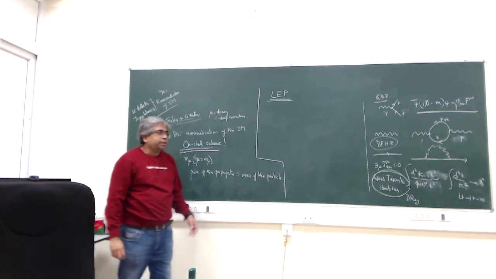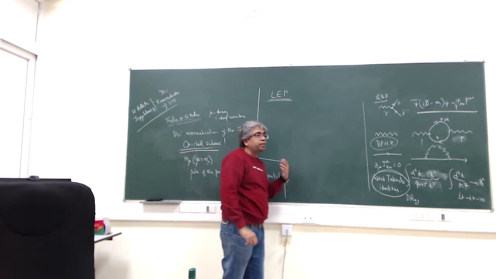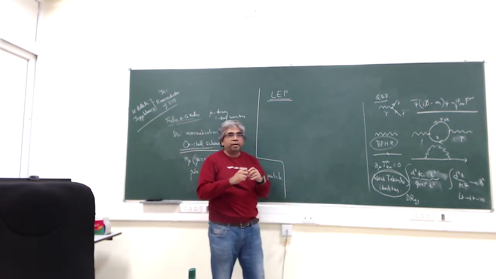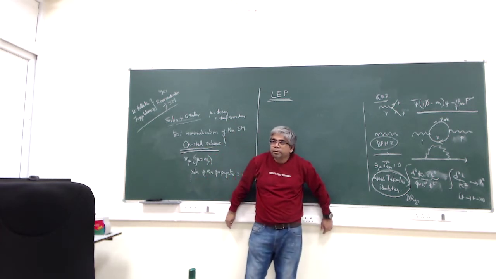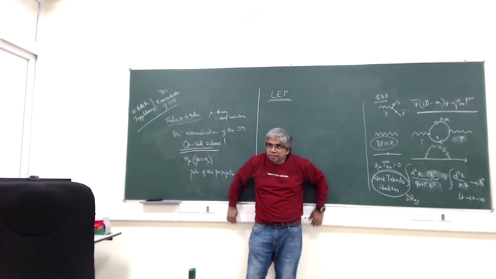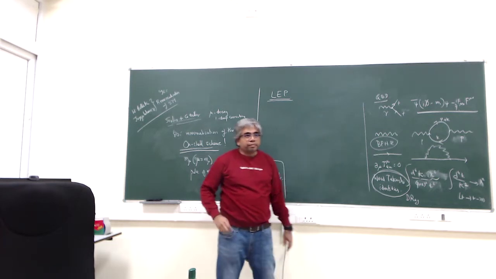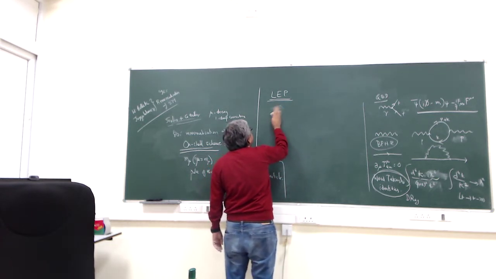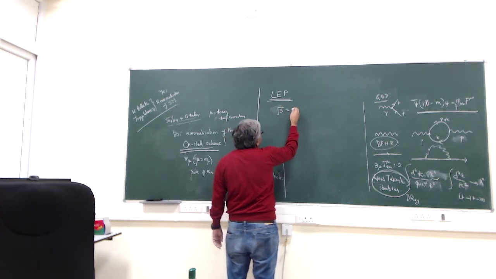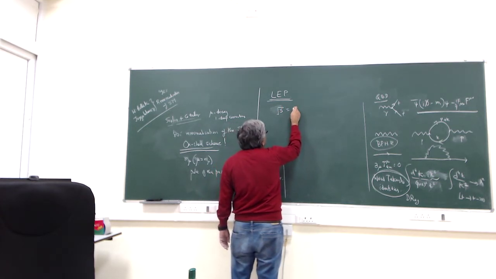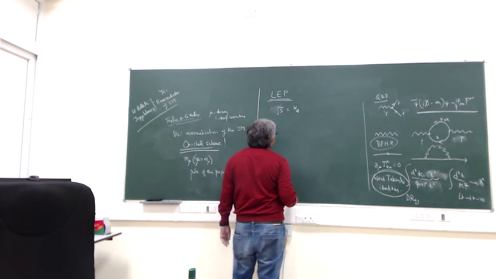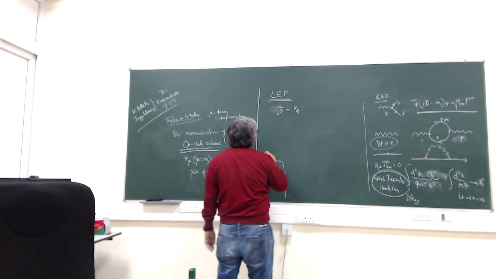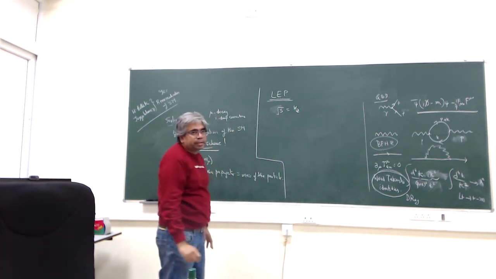It started with an interest in around 180 or so, around the Z. By that time the W and Z bosons had been discovered in some hadron machines. So this collider had some interest, which was later increased, around the Z mass.